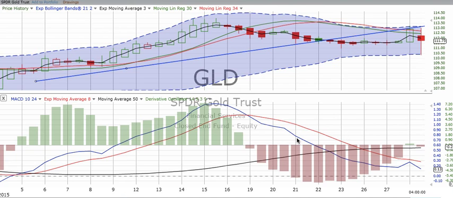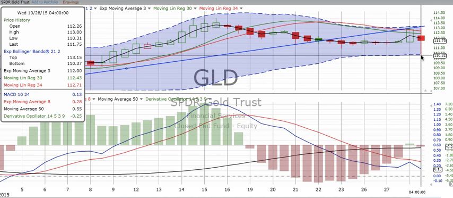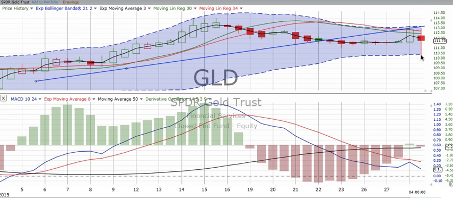And then the derivative oscillator started losing some steam, but the MACD continued to move down along with the signal line. And then sort of bizarre today, there was a pop-up in the morning and then a move down in the afternoon, and gold actually reached all the way down to something like 110.32.